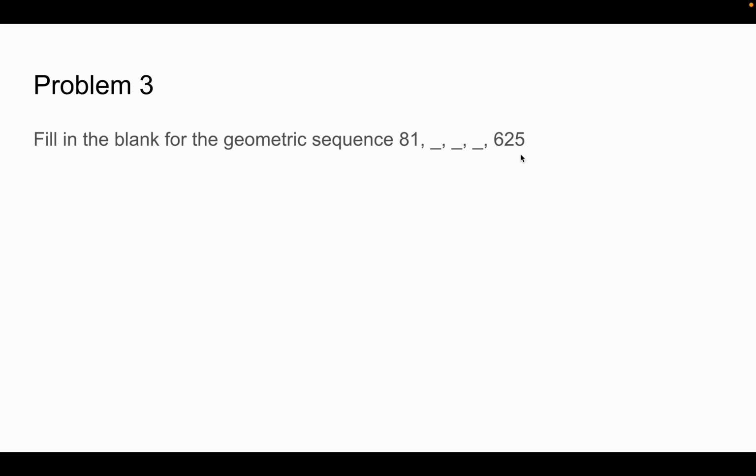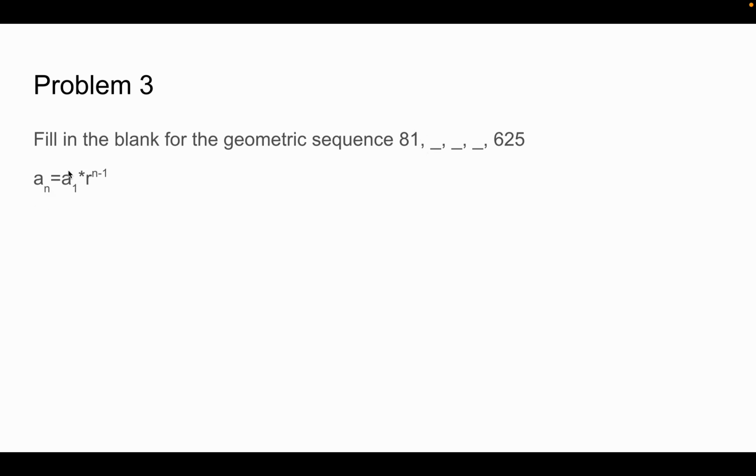So we can just plug everything into the general formula, or the general equation. We can plug in a1 equals 81, and also a5 equals 625. We don't really need to plug in the first one, because it's not going to help us, but we can still use it.